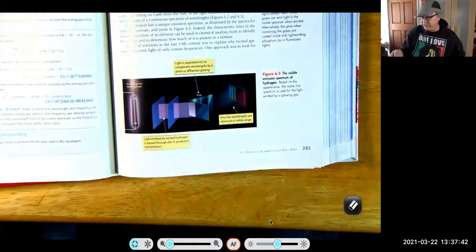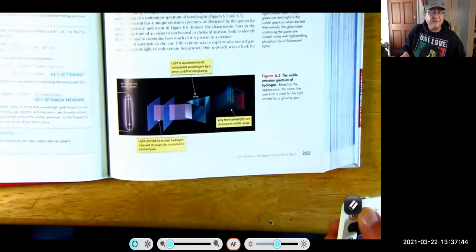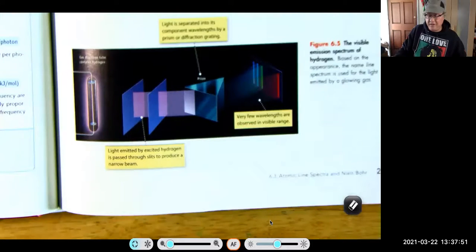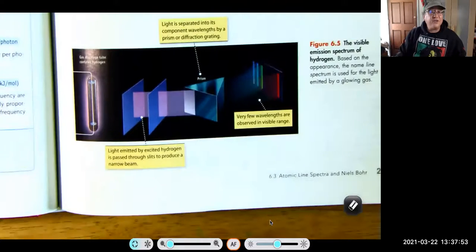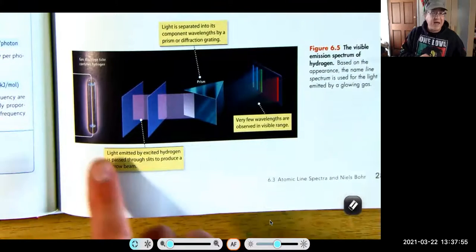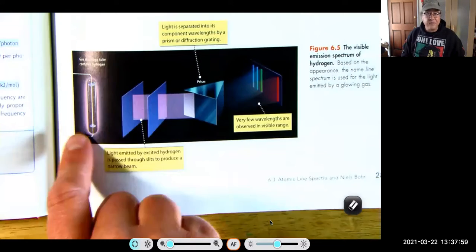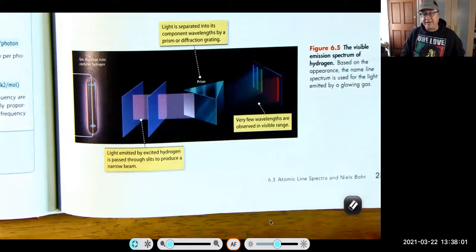We're going to zoom in on this a little bit. Do an autofocus. Okay, so here you have a bunch of hydrogen atoms that are excited with electricity. So these electrons are at the n equal 1, 2, 3, 4, 5, 6, 7. They're at all sorts of different states.